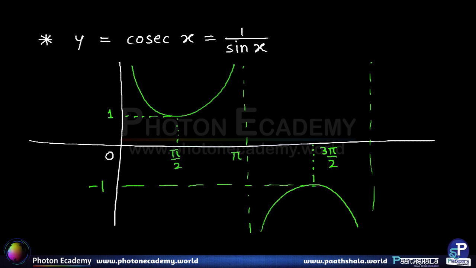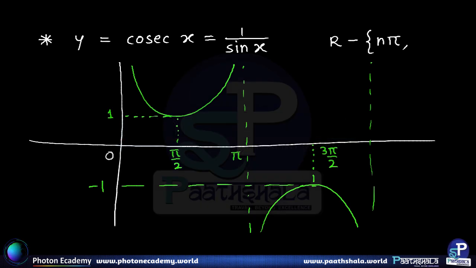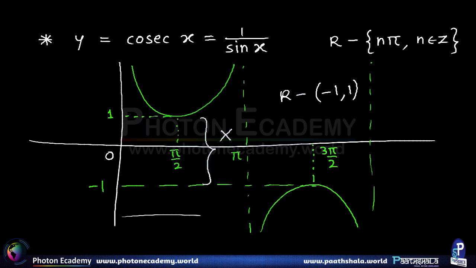Alright, so here once again the domain is nothing but the set of all real numbers except the integer multiples of pi. If you consider the range, once again it does not lie between -1 to 1. So that means R minus the open interval -1 to 1, and the period is once again same as the period of sec x, which is 2 pi radians.